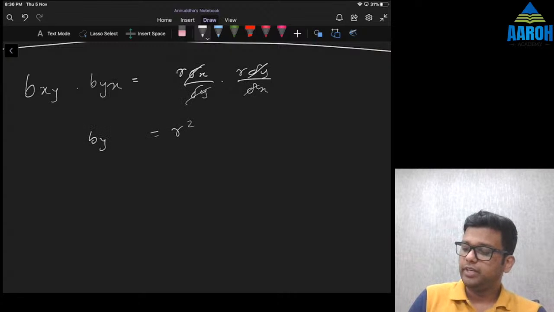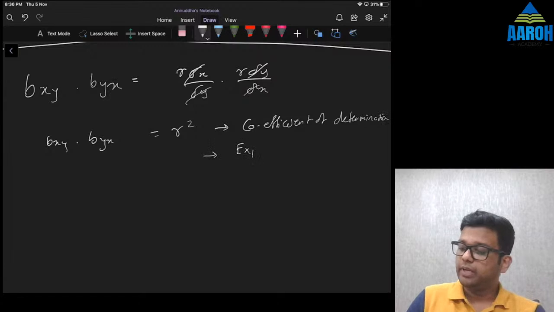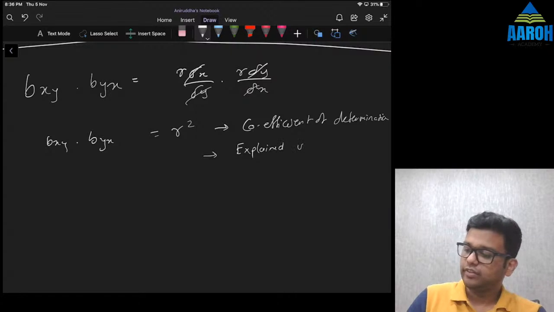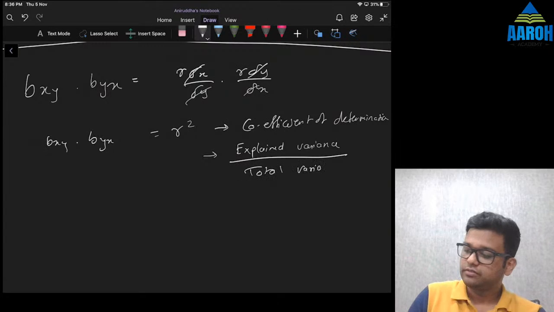So bxy into byx gives us r square, which is called coefficient of determination, which gives us explained variance. We have seen what this is in our class. Right now, let's just revise this. Explained variance upon total variance.